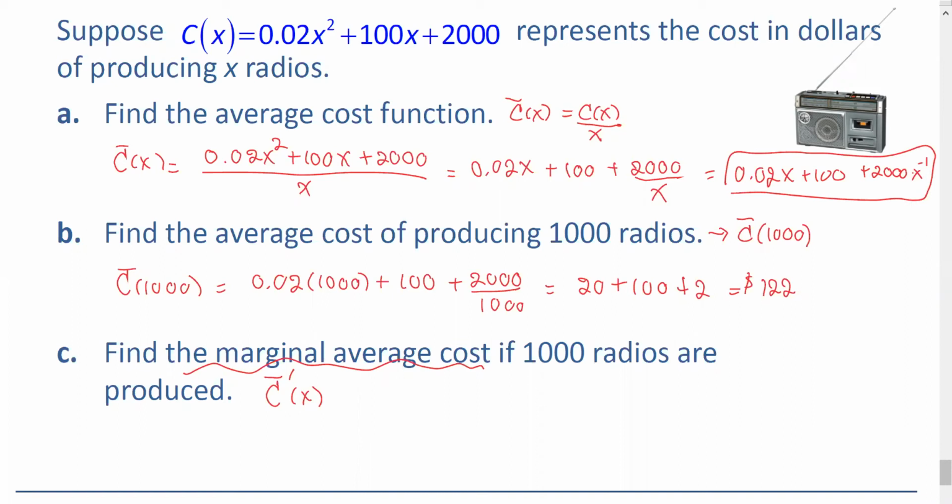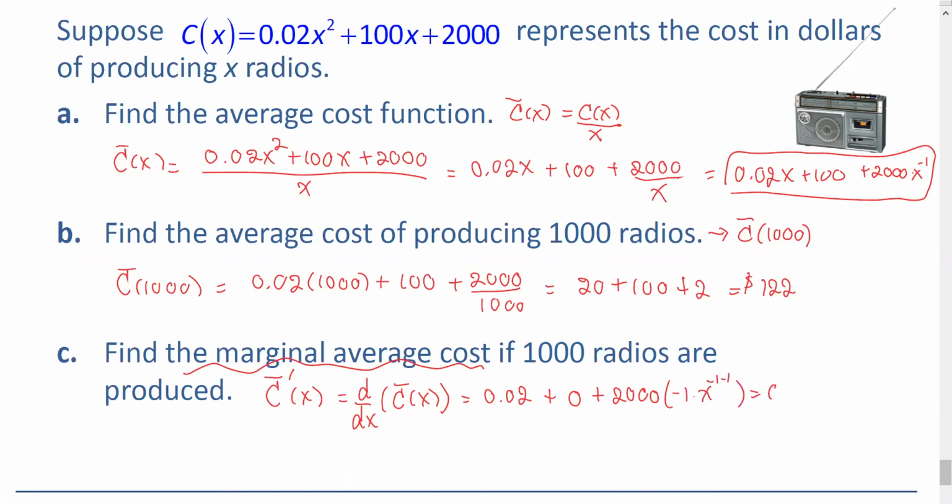So C bar prime of x is the derivative of C bar, which is the terms in part A. The derivative of 0.02x gives us 0.02, the derivative of 100 is 0, and the derivative of the last term is the constant 2,000 multiplied by the derivative of x to the negative first, which is -1 times x to the -1 minus 1.